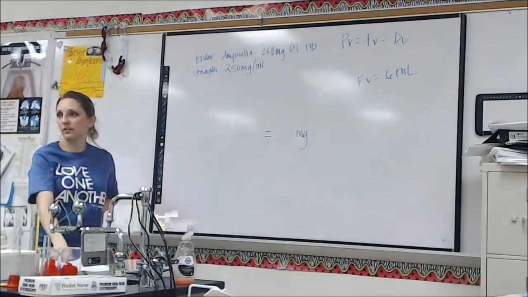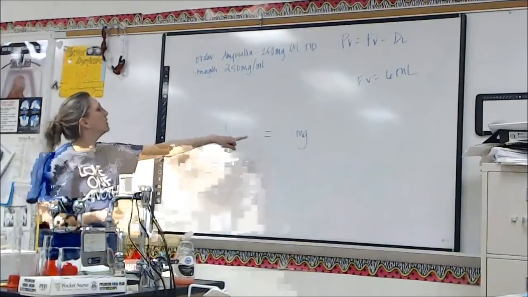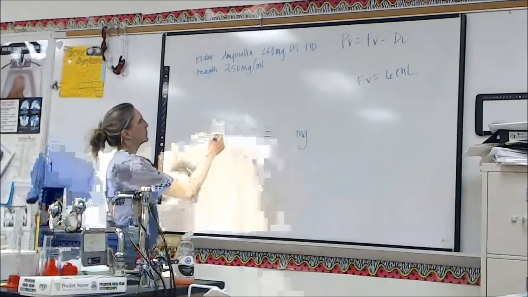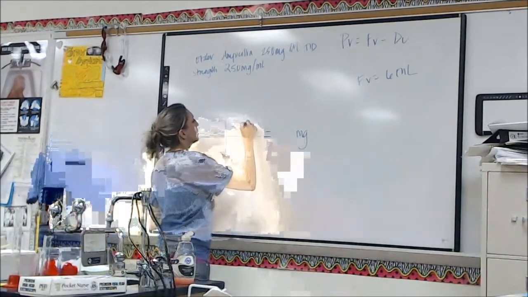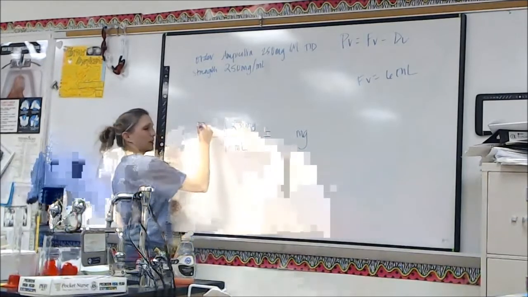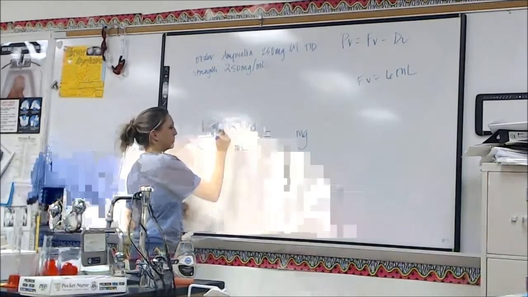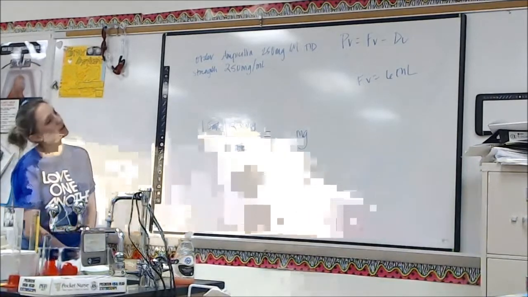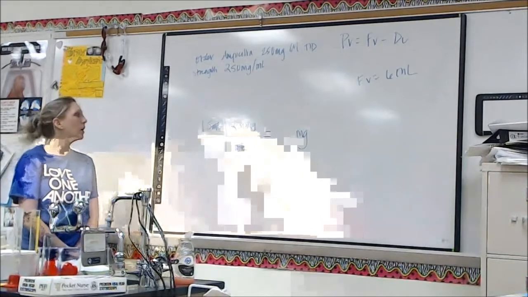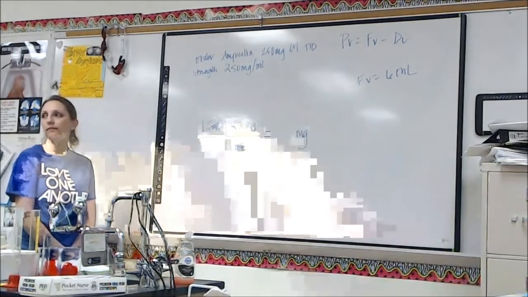See why it's asking that? Okay, so I'm going to do my dimensional analysis. I want to know milligrams, so I want to make sure my milligrams are on top over here. 250 milligrams in every milliliter, and how many milliliters do we want to know? 1.5. So I set that one up. What do we get? Well, we're multiplying.